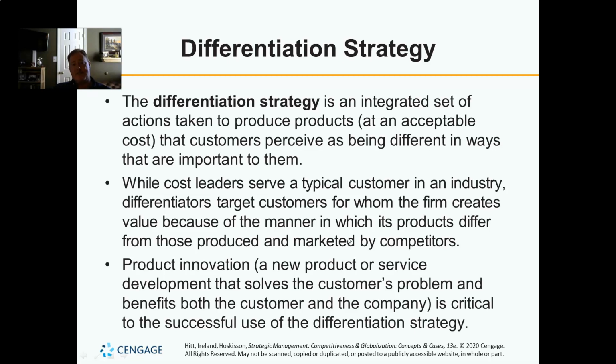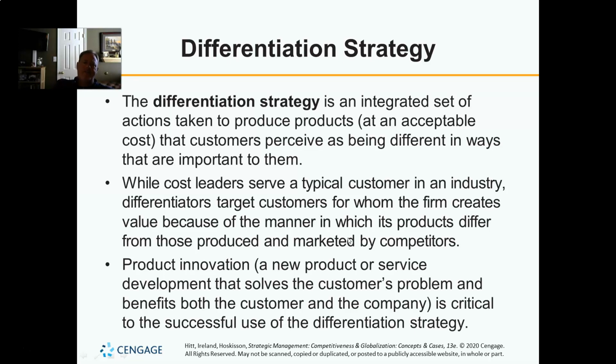So if you're attempting to make a distinctive or different product that's highly desirable to customers, that customers would be willing to pay more for, then you should concentrate on making a drone with a better flight controller and more battery life. Okay, so that's making it distinctive in ways that are attractive to your customers. Differentiators target customers who don't mind paying more because they perceive value differently.